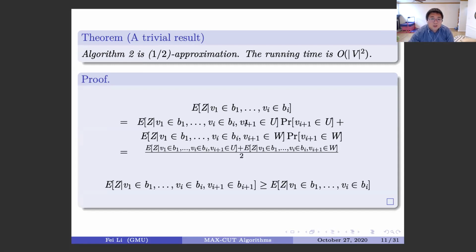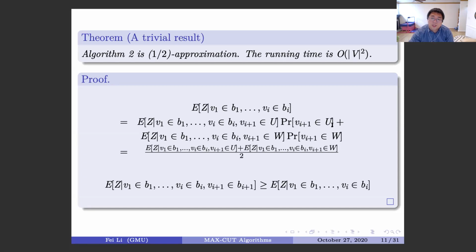The proof also relies on a classic technique, such that you consider the probability that all the vertices are either in U or W. We are using Bi to denote either U or W. And then we take the conditional probability, right? Assume it is put into U, so this probability is larger.